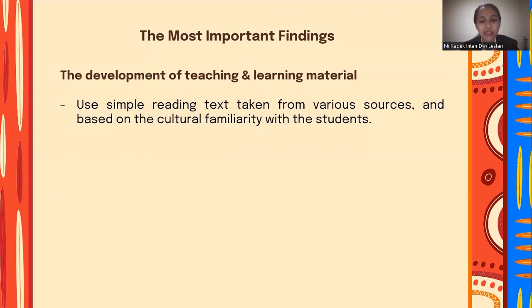The author did this because culturally familiar reading text will reduce the sense of foreignness of the students. The sources are from newspaper articles, and then Hinduism textbooks, and many more.